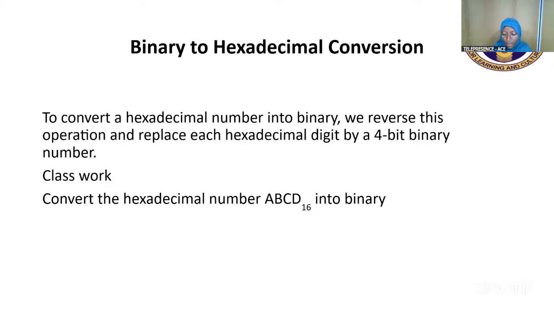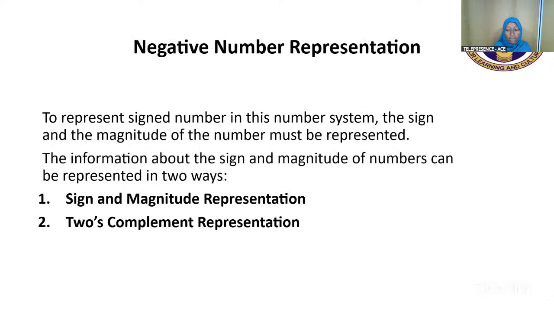Then convert B, which is 11, to binary. Convert C to binary, then D to binary. You join them together. That is your hexadecimal to binary. So that is how we do conversion from one number system to another number system.